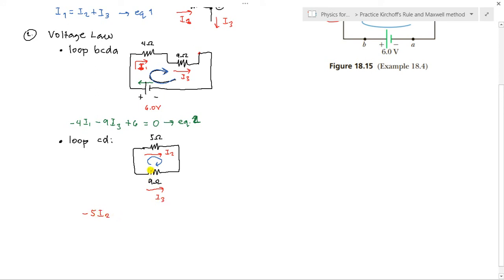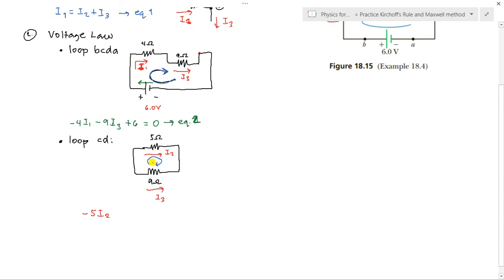However, in our assumed direction, I3 should be towards the left. But I3, based on our figure, is towards the right. So it is opposite to the direction we assumed.